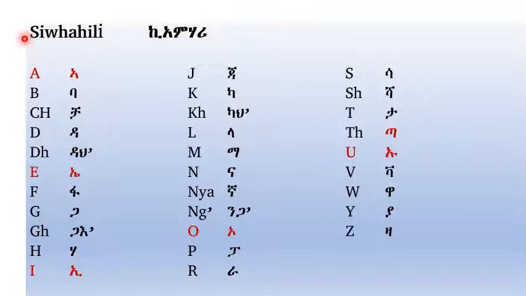A, ba, cha. The advantage is only one letter. Da, the disadvantage is you write two letters. Fa, ga.